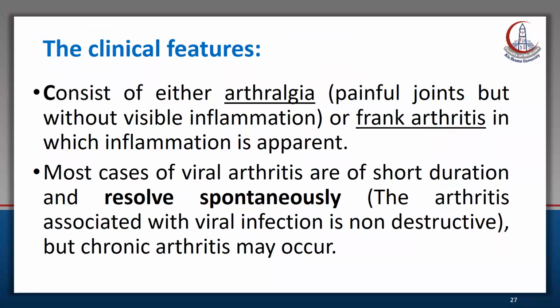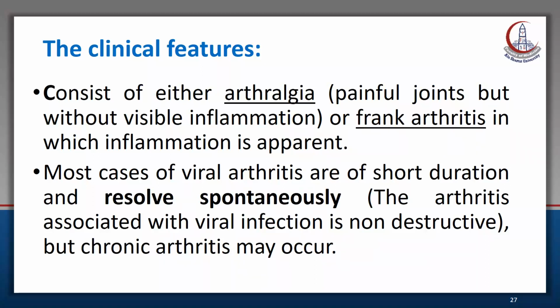The clinical feature of viral arthritis consists of either arthralgia. Arthralgia means painful joints, but without visible inflammation, no redness, no swelling, or frank arthritis in which inflammation is apparent.